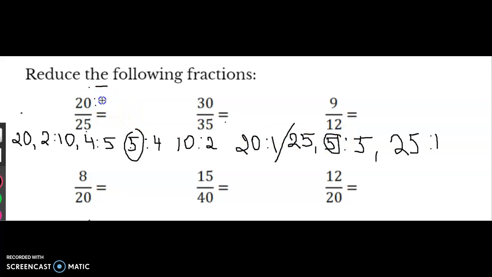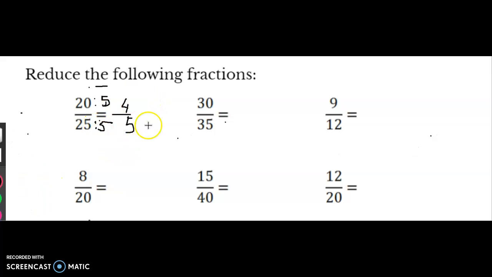So now we will divide our numerator and denominator by the greatest common factor, which in this case is 5. 20 divided by 5 is 4, 25 divided by 5 is 5. Okay, this is our simplified form of 20 divided by 25.